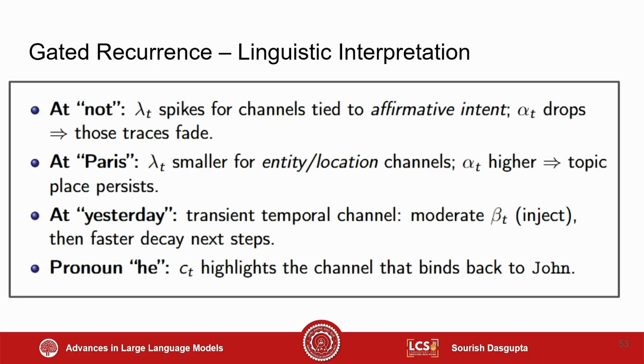For the yesterday transient temporal channel, you should moderate the beta t, meaning how much of the yesterday information should actually get in. You should moderate that, and it should also have a faster decay, so it should be forgotten after some time. For the pronoun he, the state highlights the channel that binds back to John, so John should persist, otherwise that binding back won't happen.